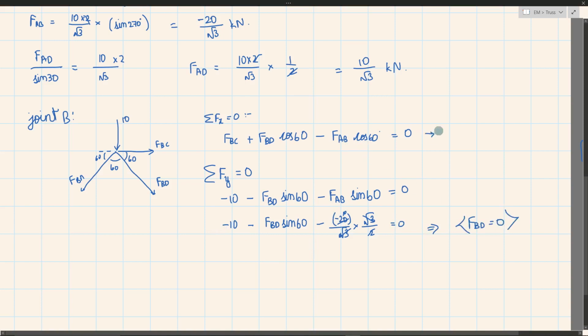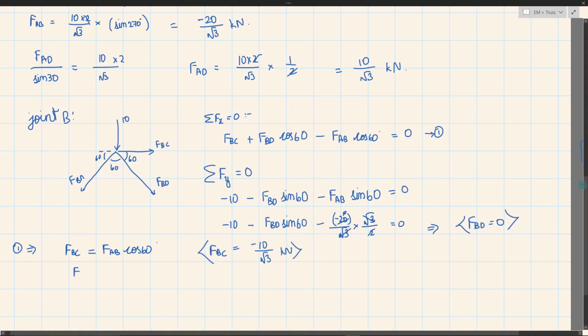So equation number 1 gives FBC. FBD is already 0. I'll have FBC equal to FAB cos 60, so I can write FBC is equal to minus 10 by root 3 kilonewton.